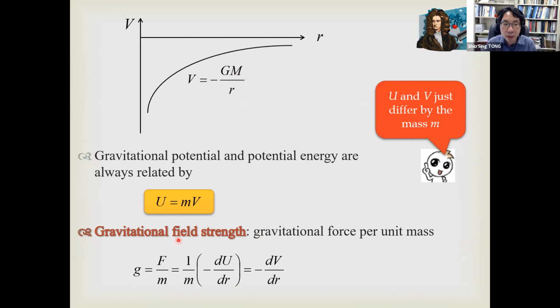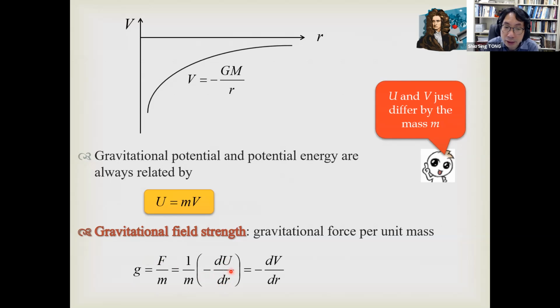Now we can also calculate the gravitational field strength. What we call the gravitational field strength is the gravitational force per unit mass. Again, we calculate things per unit mass, F over m to get g. But as we know, the gravitational force is minus the derivative of U with respect to r.